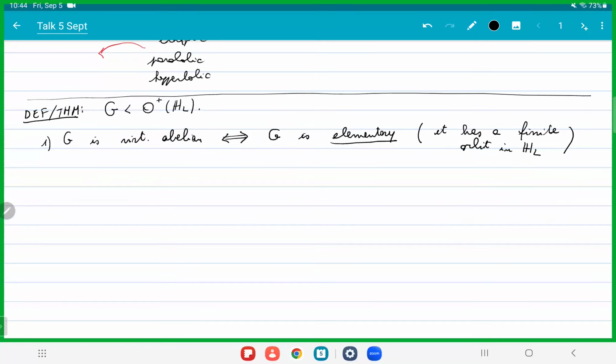And more importantly, there are 3 types of elementary groups. So there are 3 types of virtually abelian groups of isometries, one for each type of isometry. So there's the elliptic type, and these are just finite groups.